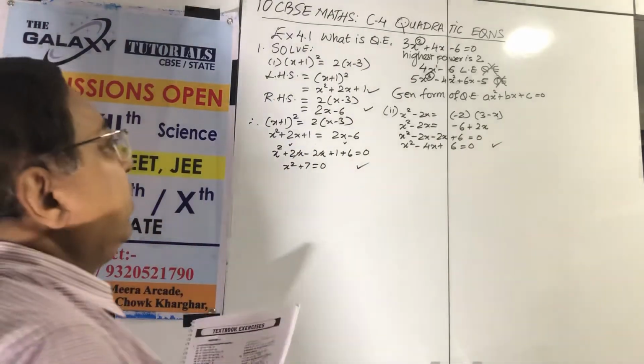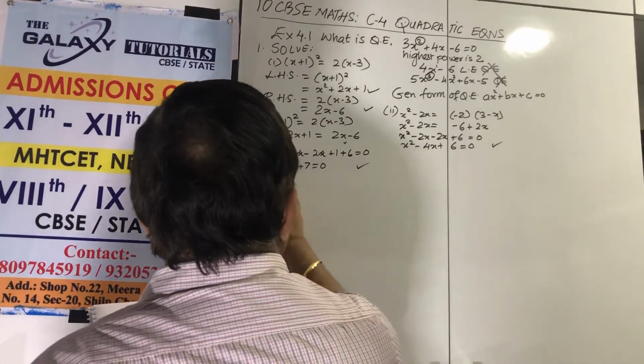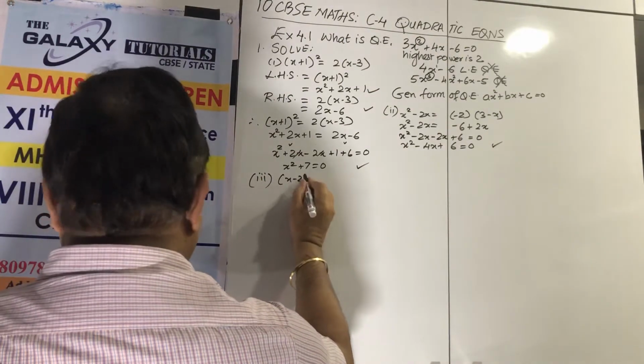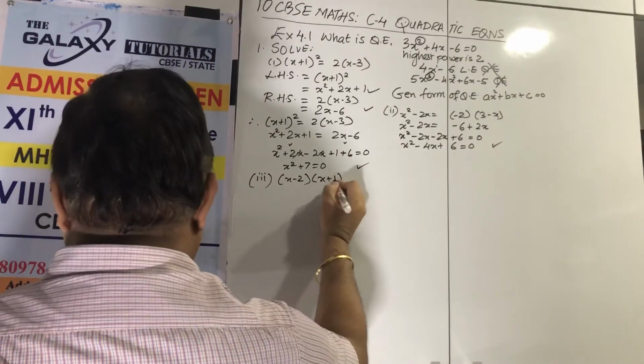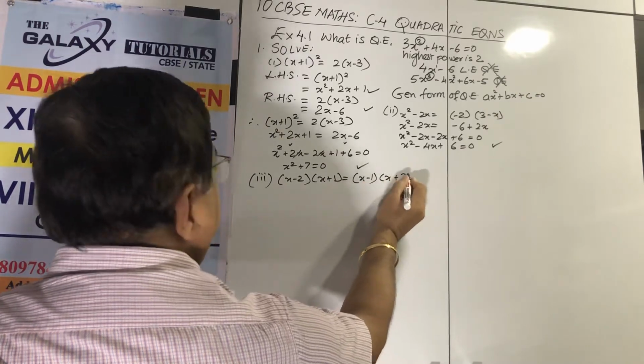Third sum, sum number 3. In sum number 3 I have (x minus 2)(x plus 1) is (x minus 1)(x plus 3).